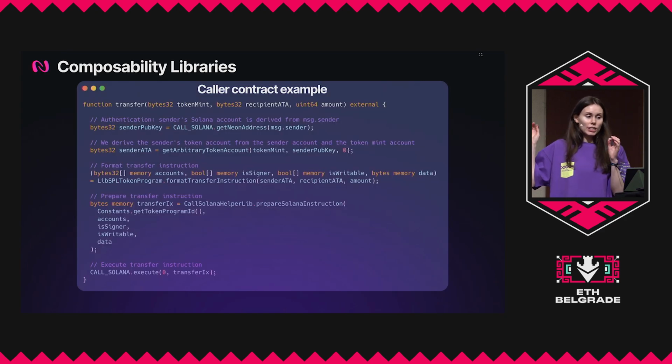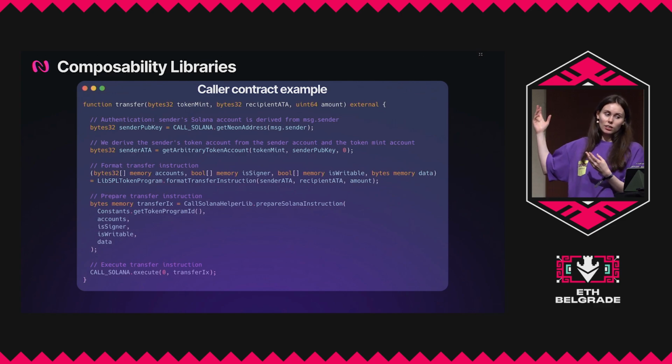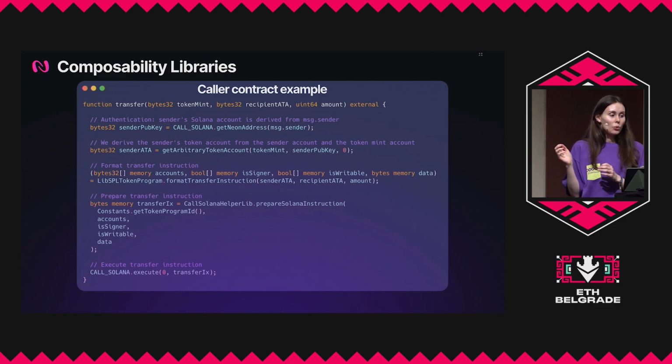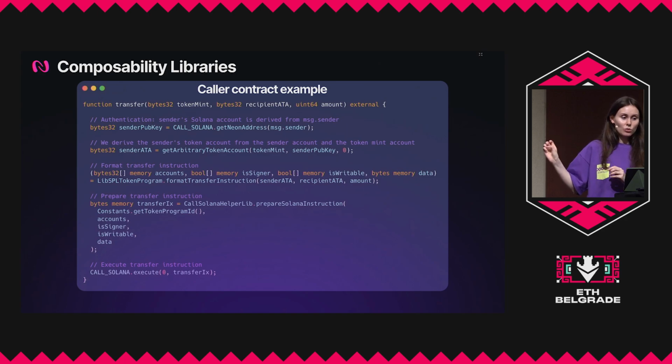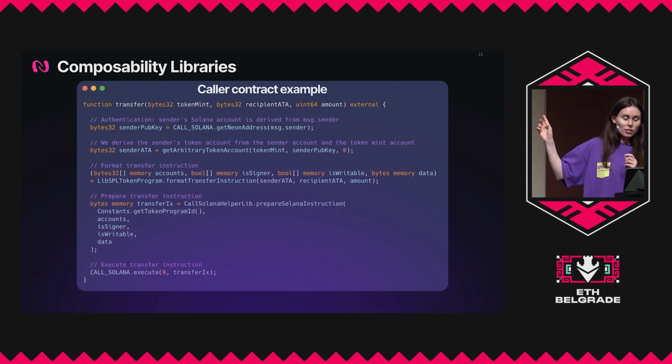An example for interacting with this SPL token library for the caller contract would be a very basic contract with a transfer function here, where you basically derive the PDA account from the Ethereum address that you provide with a message sender.